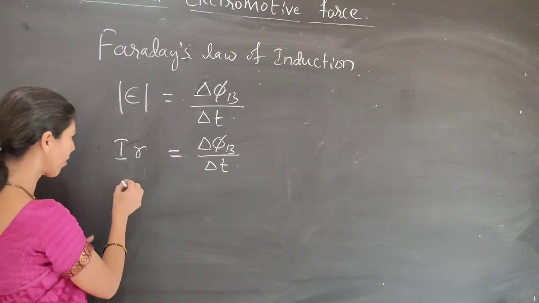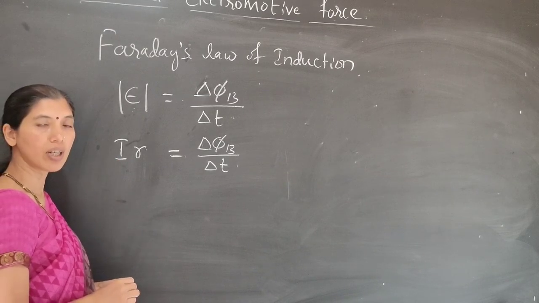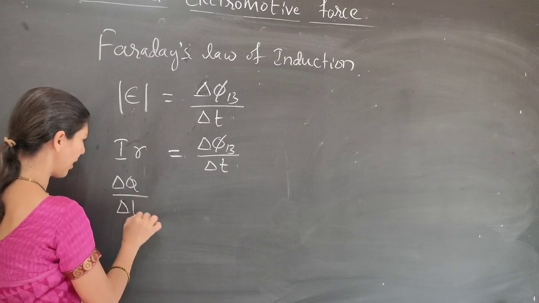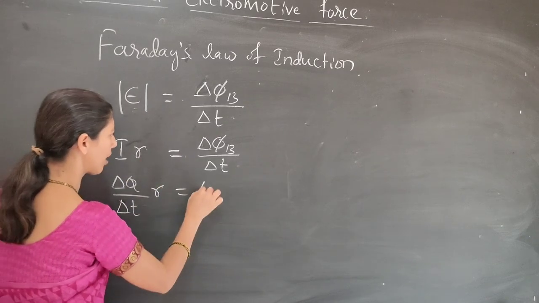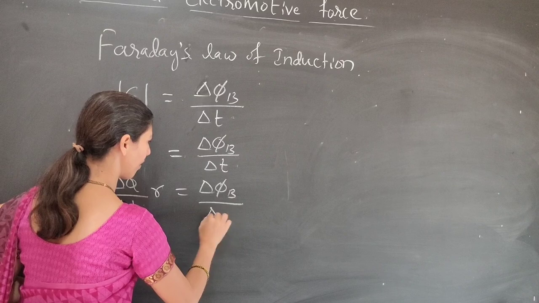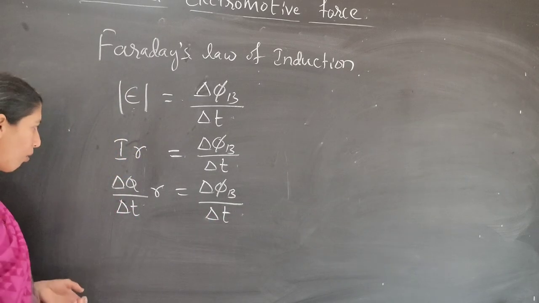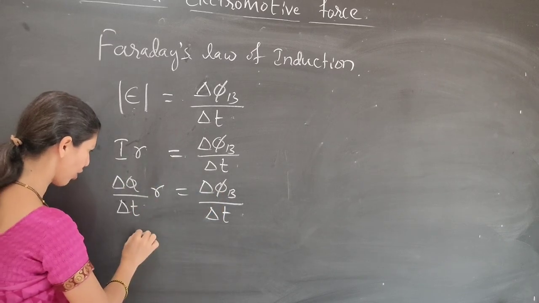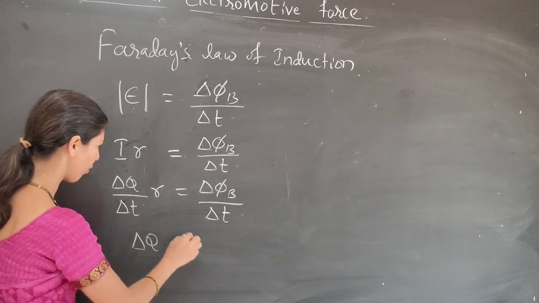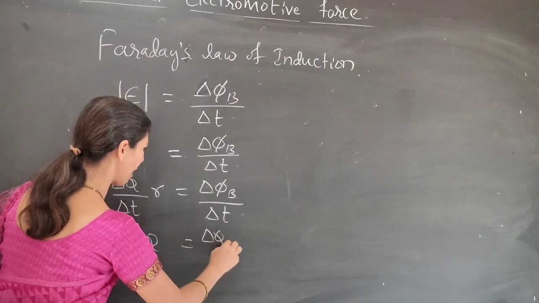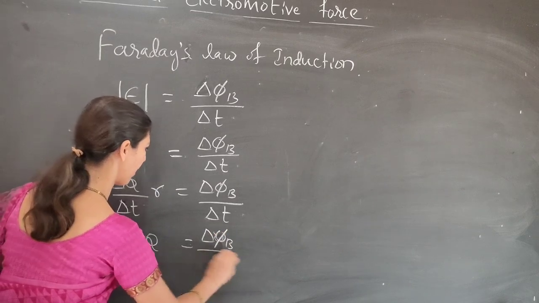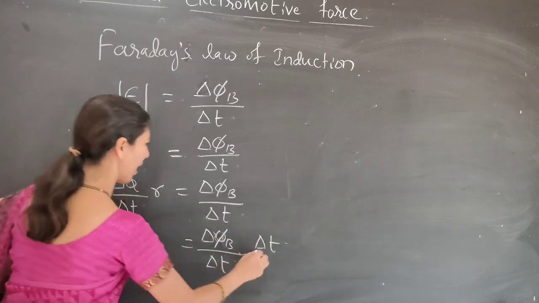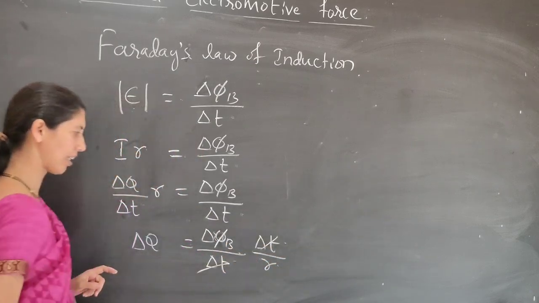And this I is equal to the rate of change of charge, delta q divided by delta t. So delta q divided by delta t into R is equal to delta phi B divided by delta t. Now what is delta q? We got the relation between delta q and delta phi B. Delta q is equal to delta phi B divided by delta t, and taking this delta t here, divided by R. Delta t gets cancelled.